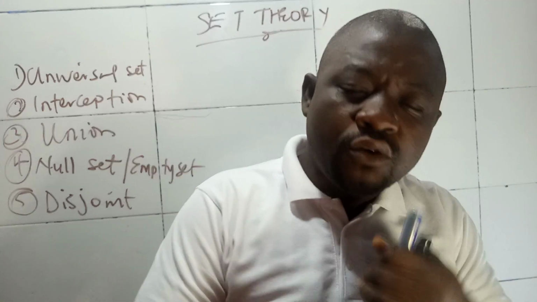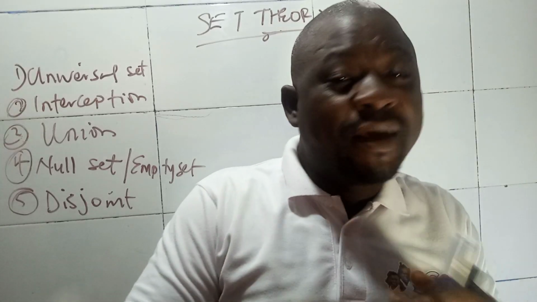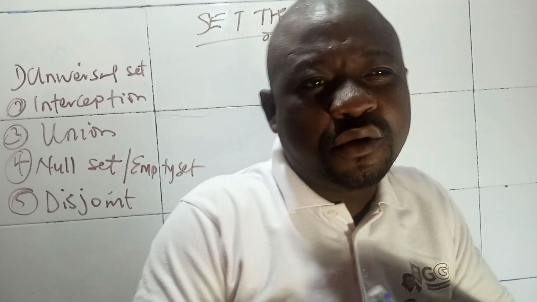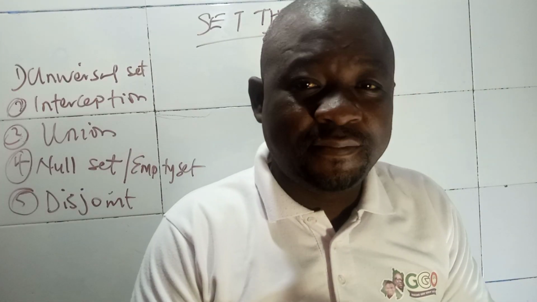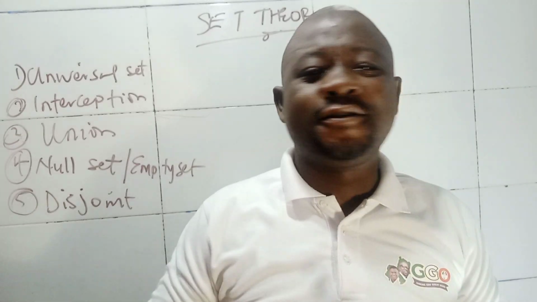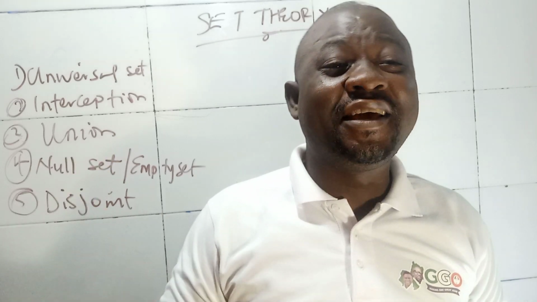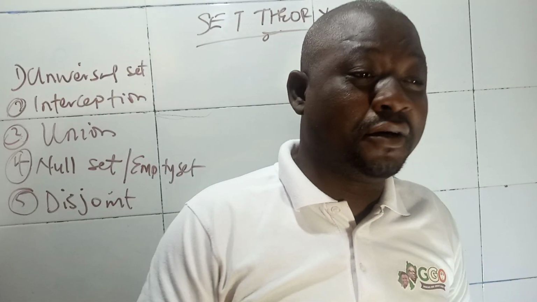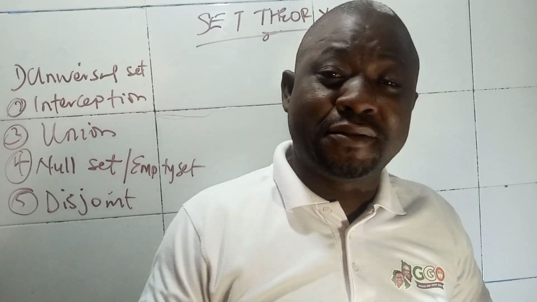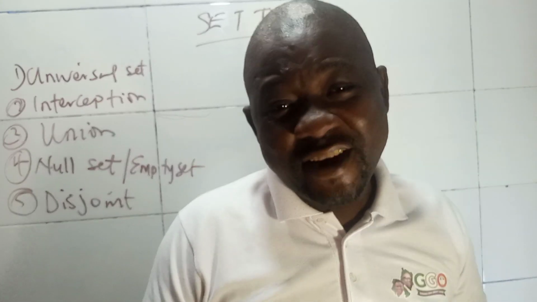Those elements could be numbers, could be alphabets. In mathematics, we play around figures and alphabets. Here we'll be playing around figures. What they are just doing here is speaking word problems. Once you can unravel the word problems, you can see that set theory is very simple.